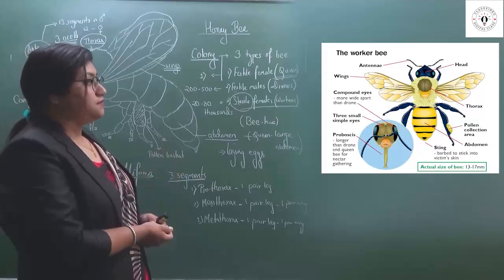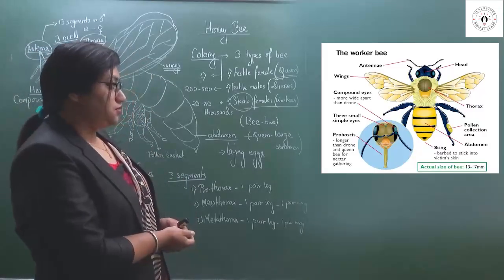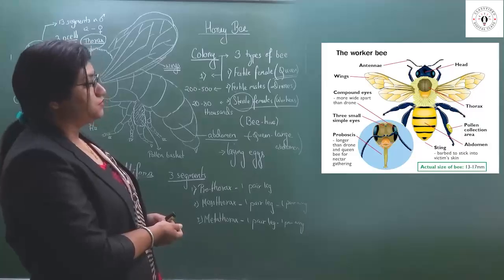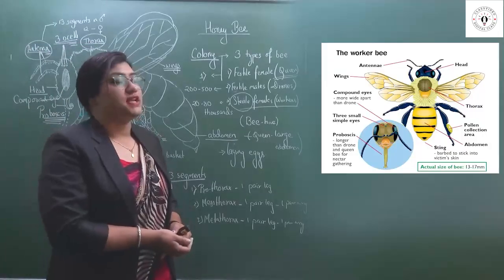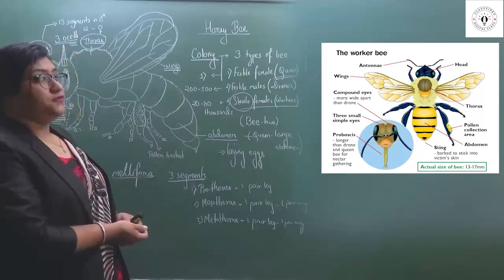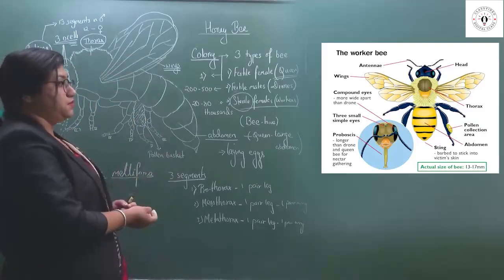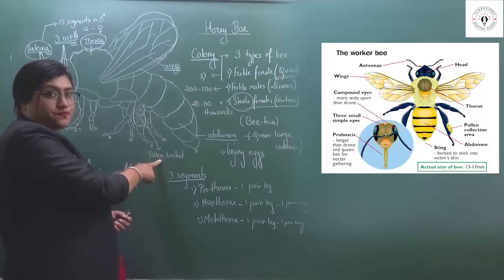Next, you can even have a look at the proboscis here. The proboscis is the tongue-like structure that is dropped down so that it can suck the nectar. So I guess we all know about the structures. Apart from that, only the worker bee has this pollen basket.